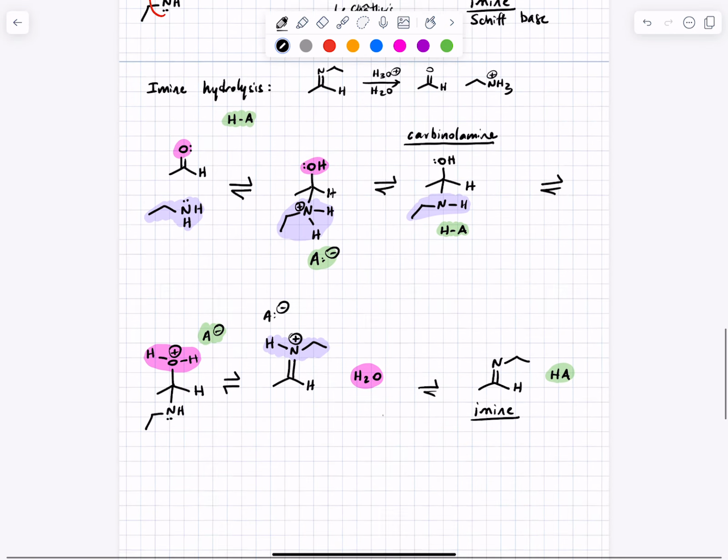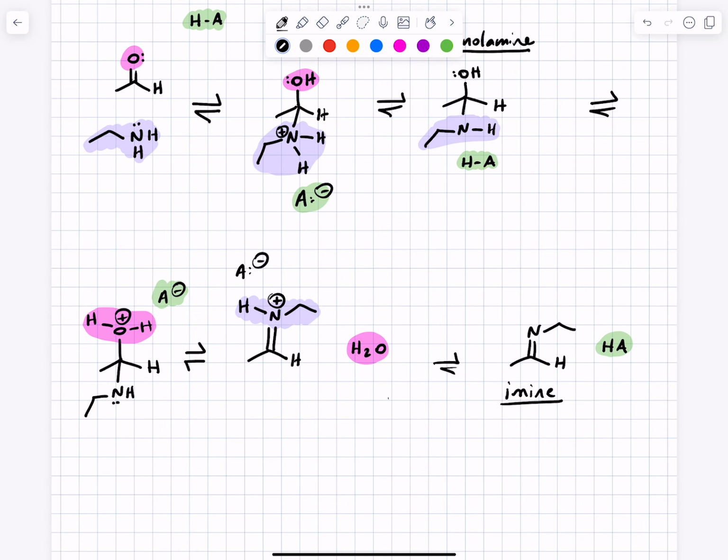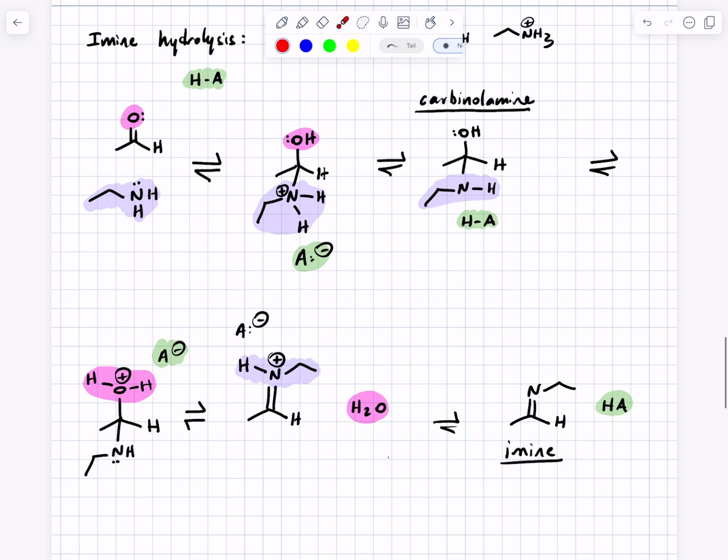So let's show how that might happen, starting with the imine. If you know what the intermediates are, figuring out the arrows is not too much of a problem. For example, I'm starting with the imine, and I'm using an acid, and I want to get to this state where the nitrogen has a positive charge. This intermediate is called an iminium ion. Okay?